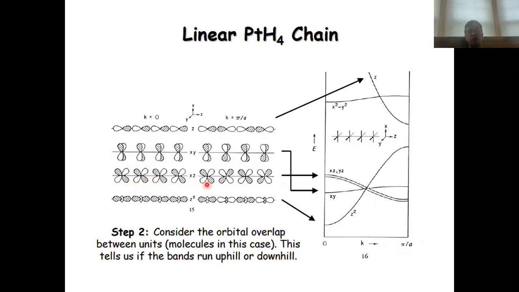At k equal to pi over a, we alternate the algebraic sign of the wave function with every other orbital in the chain. And you see that this now leads to the most bonding situation possible. Therefore, we have overall a band running downhill. Okay. Now this band will not be as wide as the dz square band because the pi overlap is weaker than the sigma overlap. Okay, so we have our band running downhill.